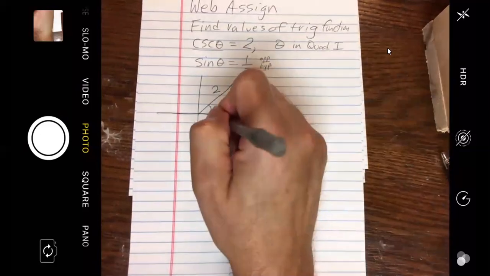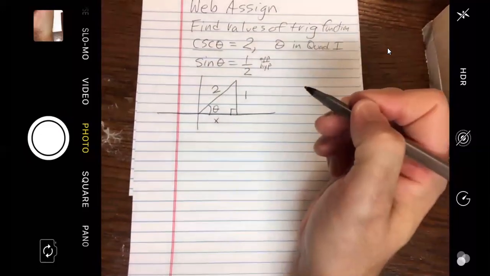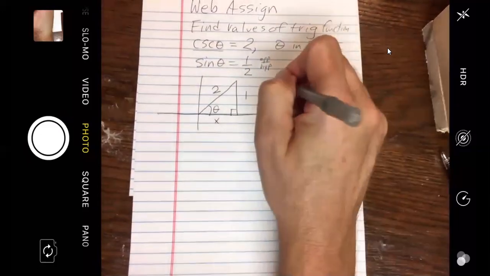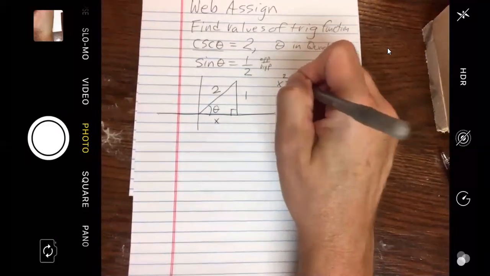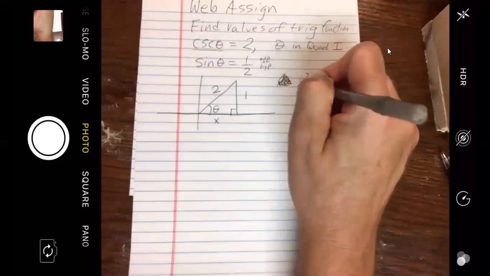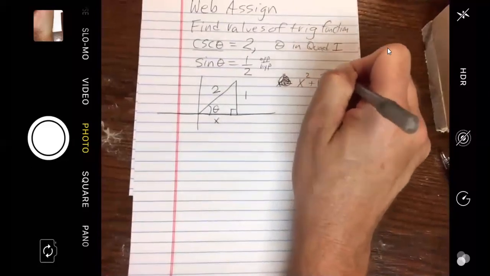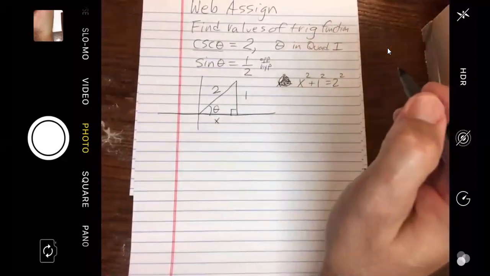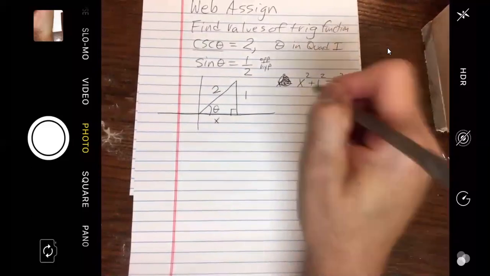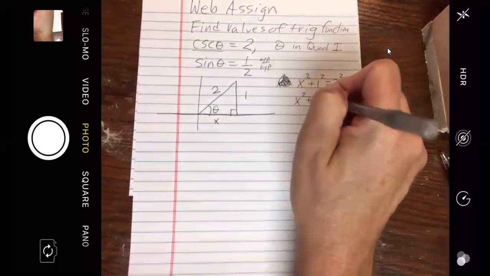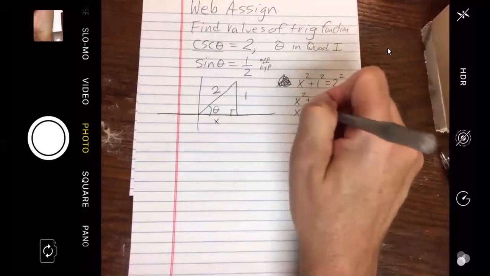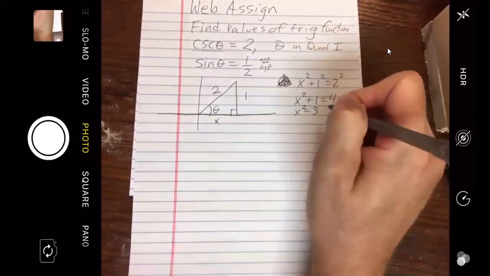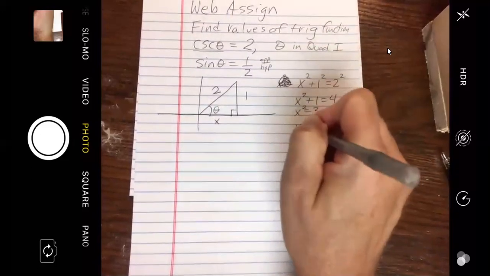This means we've got to find the x leg. X squared plus 1 squared will equal 2 squared. So x squared plus 1 will equal 4. X squared will equal 3. X would equal the square root of 3.